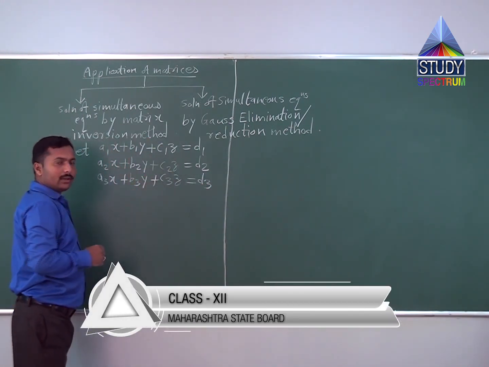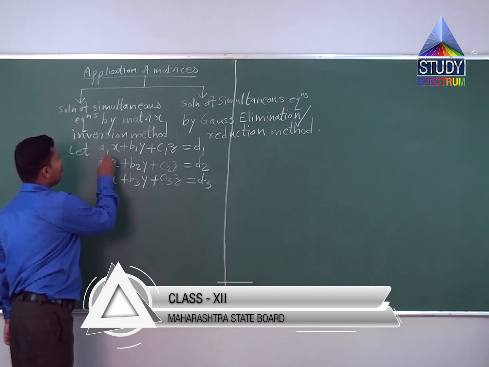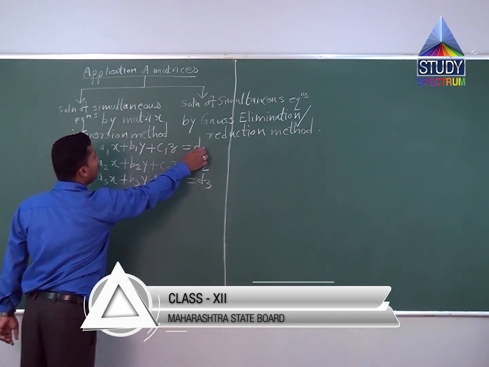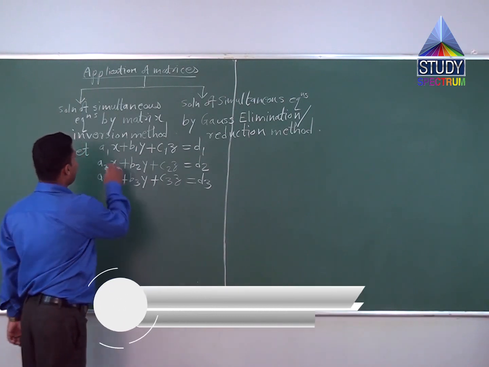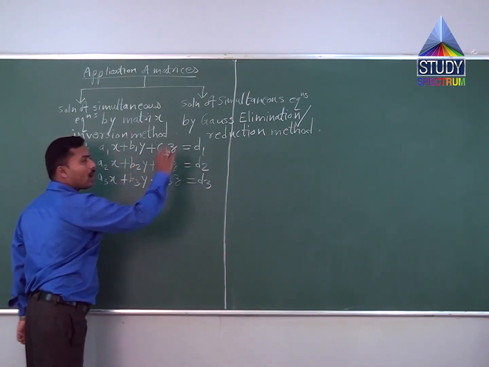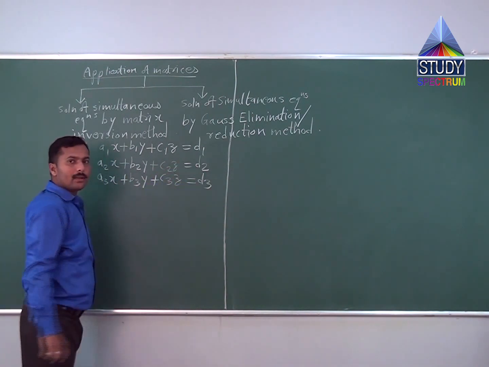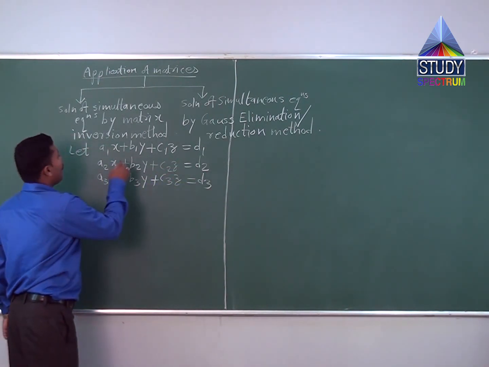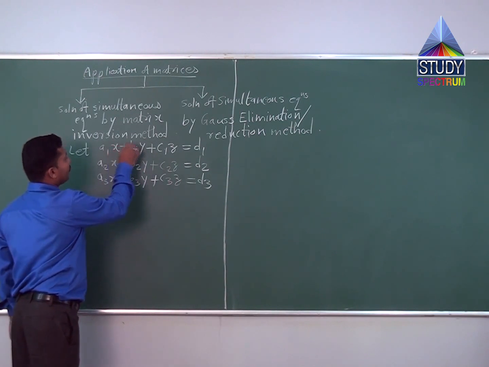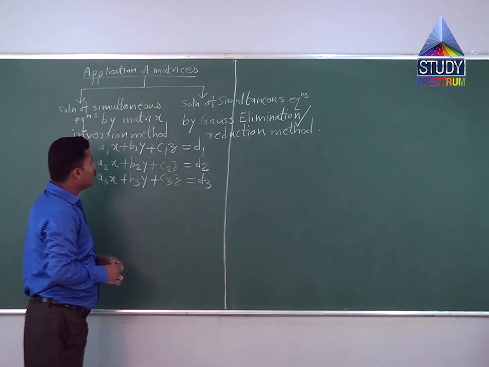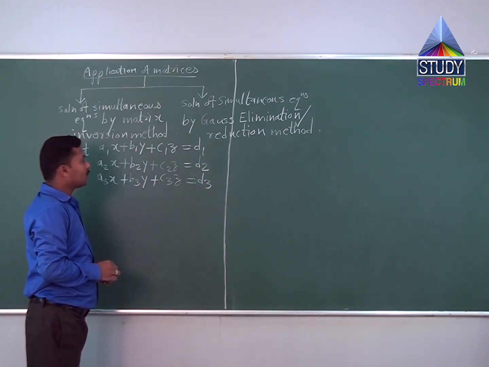These are three simultaneous equations. Here a1, b1, c1, d1 are numbers, a2, b2, c2, d2 are numbers, a3, b3, c3, d3 are numbers, and x, y, z are unknowns which we want to determine.